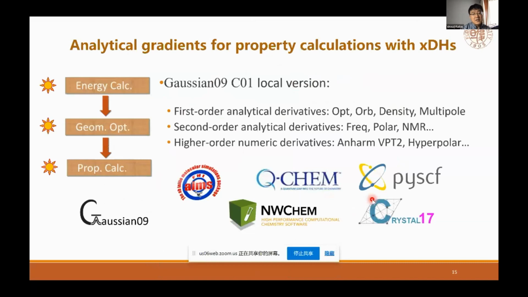In addition to the energy calculation, we have developed analytic gradients so that we can do geometry optimizations and property calculations, and this has been implemented in programs like Gaussian, QChem, and PySCF.